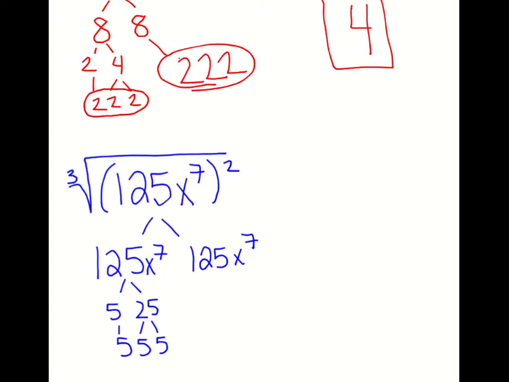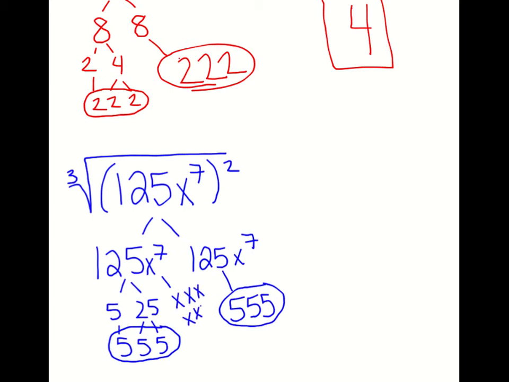Since I'm finding the cube root, I need 3 of the same number. So if that 125 broke down to 3 5s, so will this one. And then I also need to break down those x's. So x to the 7th means I have 7 x's. There's 6, there's 7.